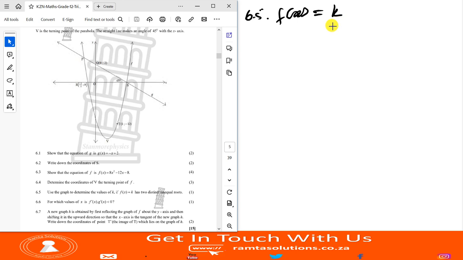So they say, find a k value that will give you two unequal roots. Where do you get that? Remember, k is a value of y. So at this point, or along this line, k is equal to negative 25 over 2.